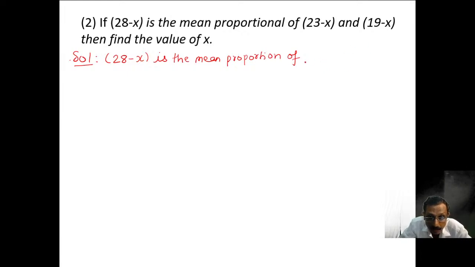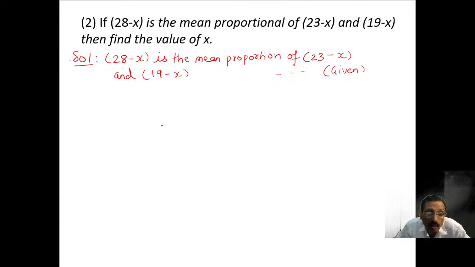So it's a mean proportion of 23 minus x and 19 minus x. And what is this? This is given to me. So I write it as given to me.